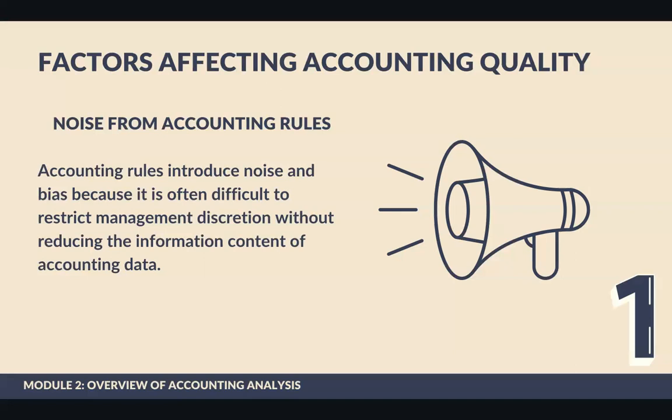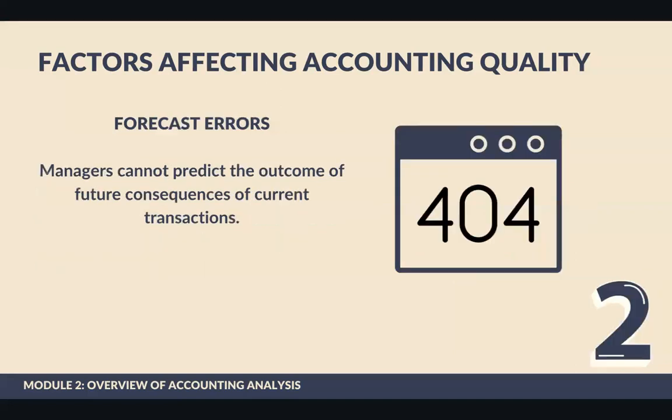So another factor that affects accounting quality is, like I said, forecast errors. Managers cannot predict the outcome of future transactions, so we only base our forecasts on previous events. And these historical events may not always be correct.